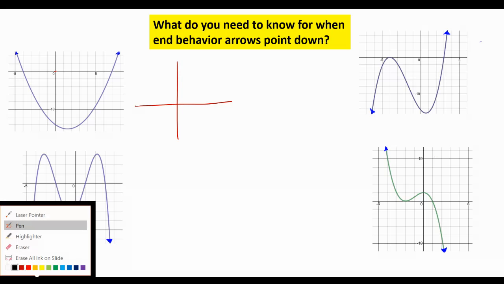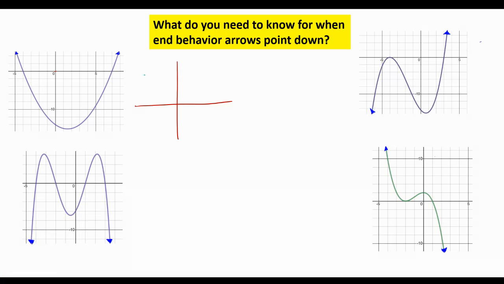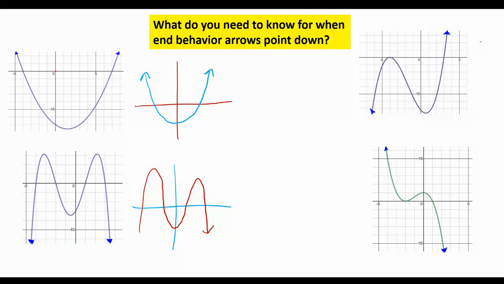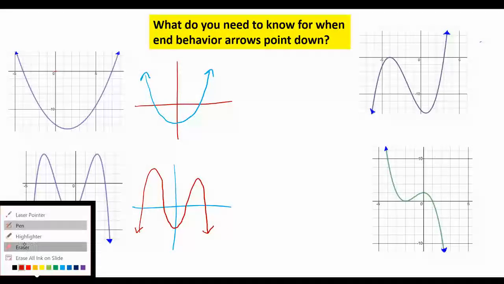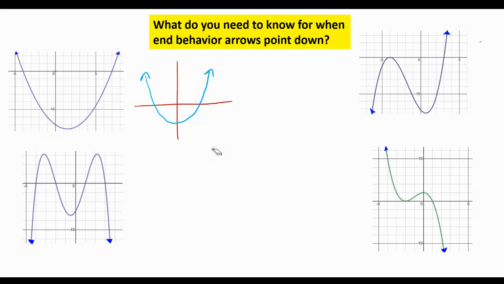Let me get a different color. So just draw a quick picture like that. That's all you have to do. For this one, you would just draw a quick picture. And so your picture looks something like that, right? And put arrows on it, okay? And as you notice, some arrows go up, some arrows go down, and that's what we have to talk about. Hit pause if you need a minute.